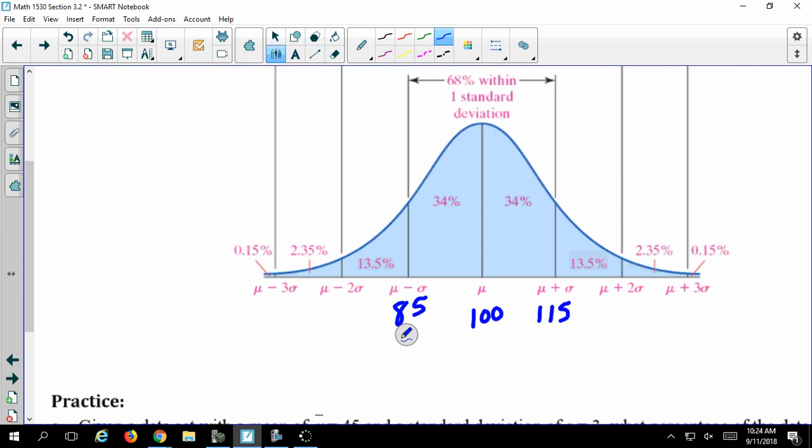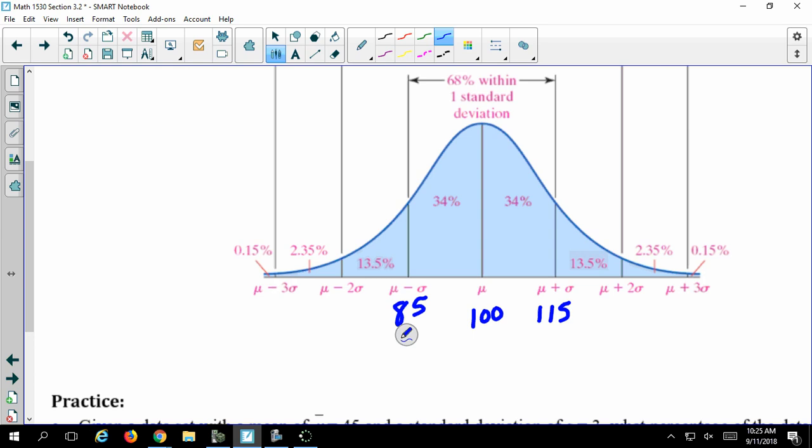Okay? So the rule says 68% of all your data will be there, because the height of this is the frequency. It's not a histogram, but it looks like a histogram. So its frequency is how tall it is, and most of your data is concentrated around your mean. So 68%.